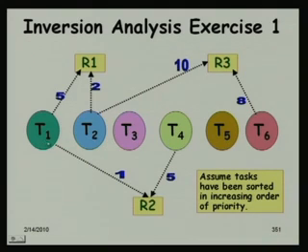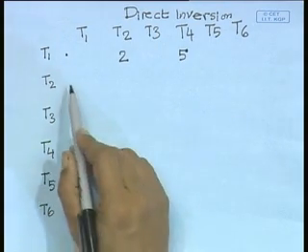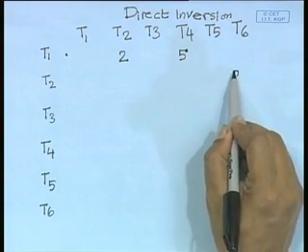T1 suffers inversion due to R1 and R2, and the tasks involved are T2 and T4. T2 causes inversion for 2 milliseconds and T4 for 5, that is what you had said. What about T2? T2 suffers due to T6 for 8 milliseconds, so let me write that down.